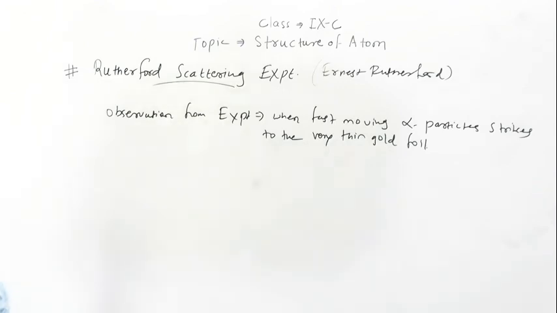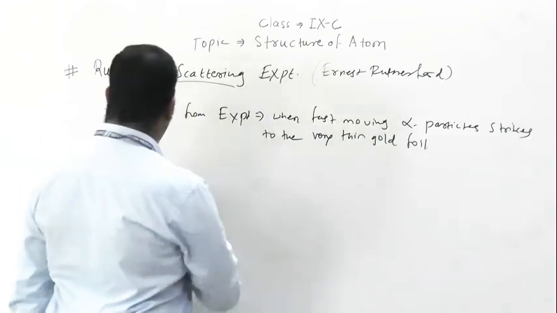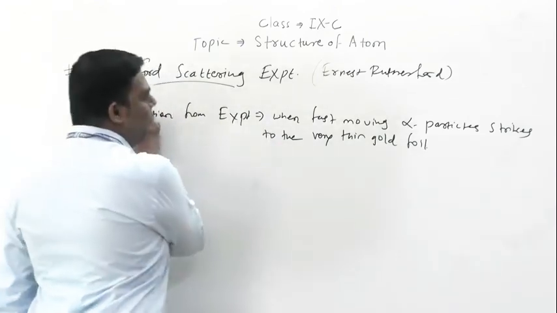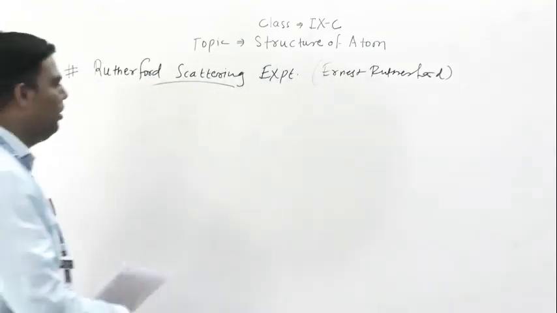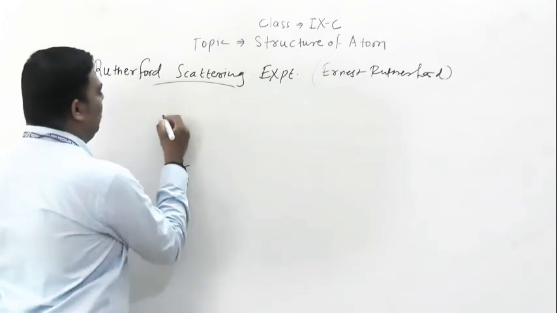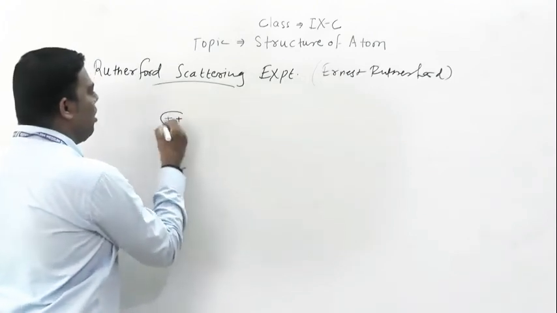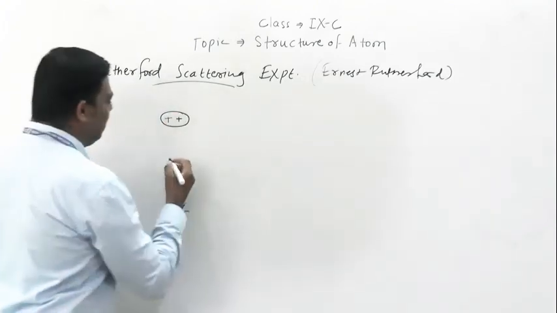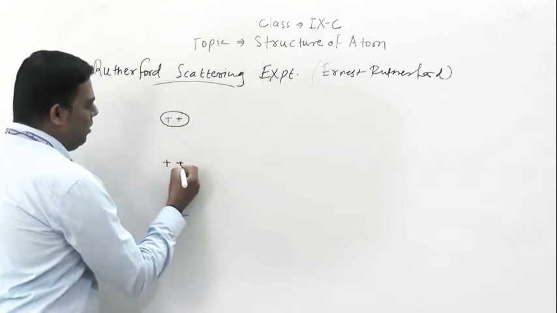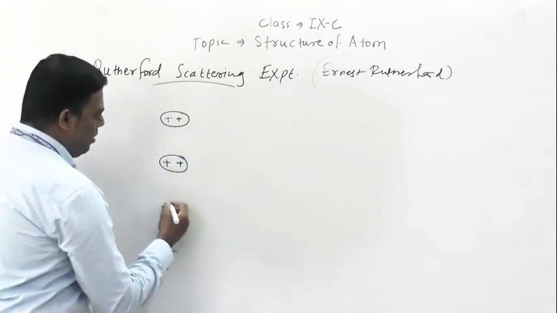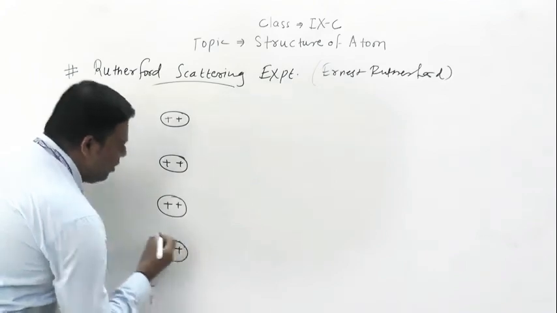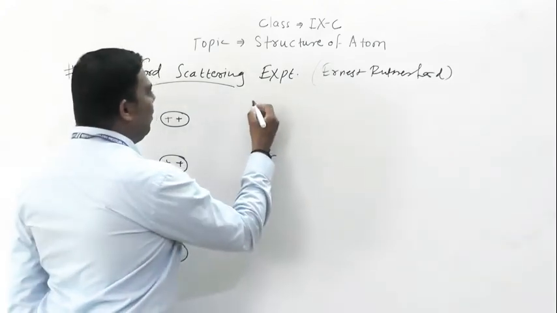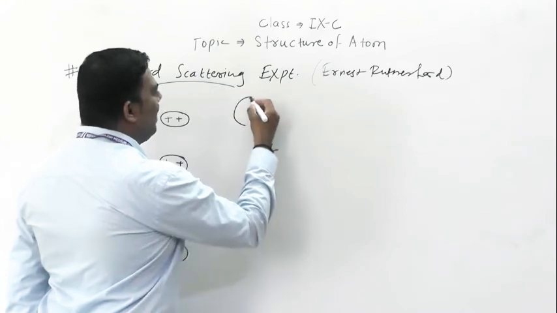For the diagram we need more space, that's why we are cleaning the board. See here, first these are your alpha particles. Now see the gold atoms.